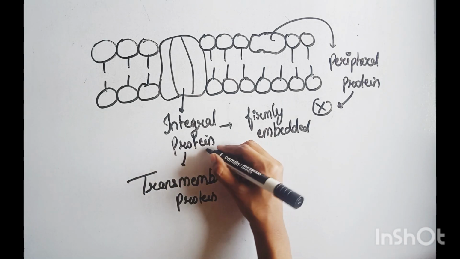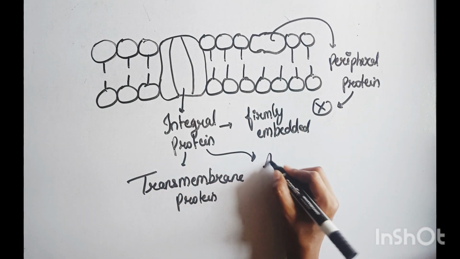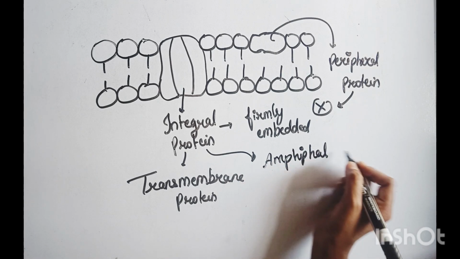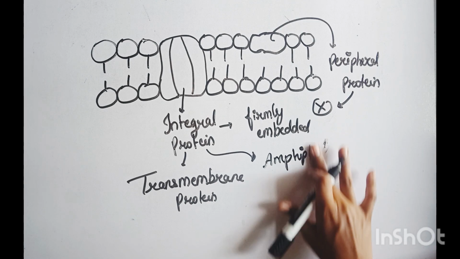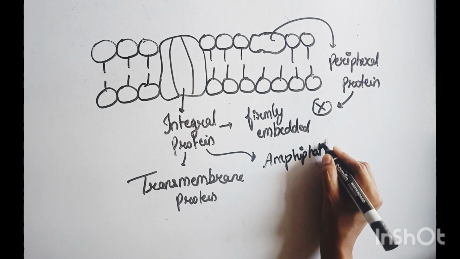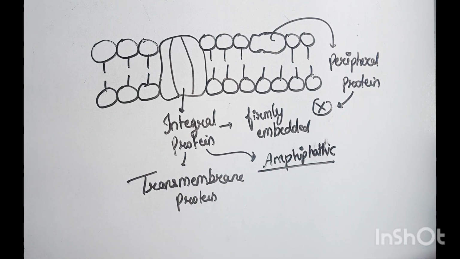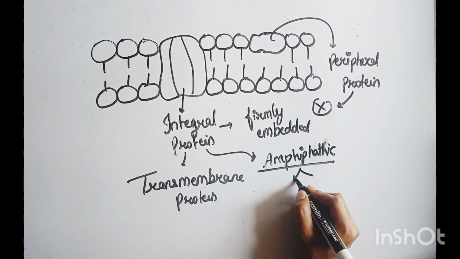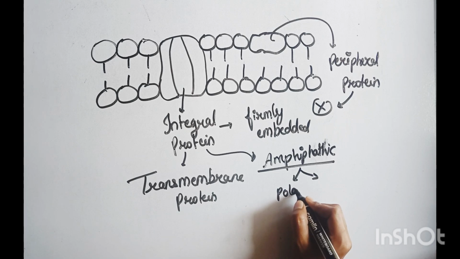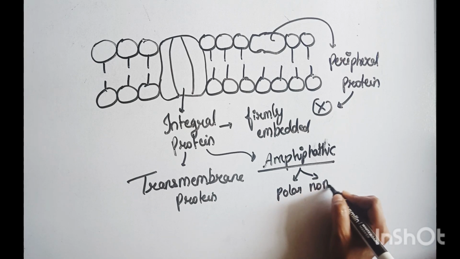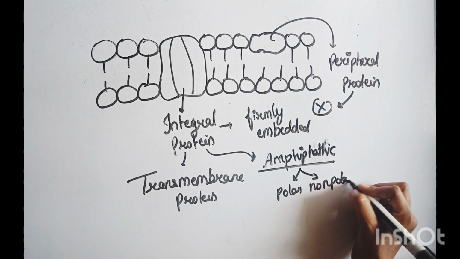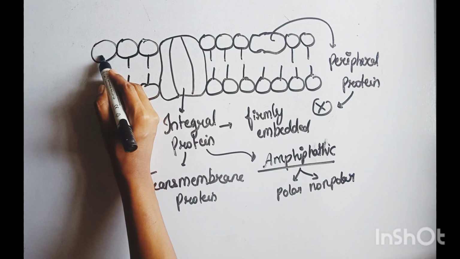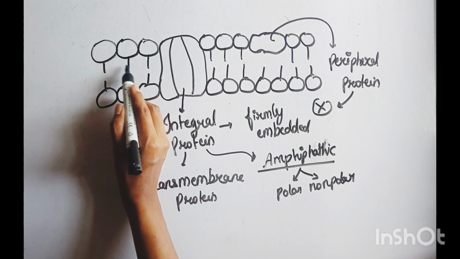And another point is that integral proteins are amphipathic. What is amphipathic? Amphipathic means they contain polar and non-polar parts together. For example, the lipid bilayer contains a polar head and non-polar tail, polar head and non-polar tail.